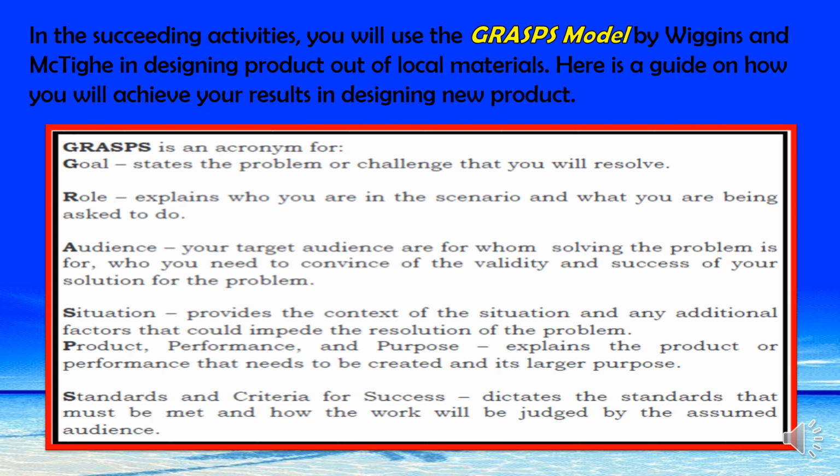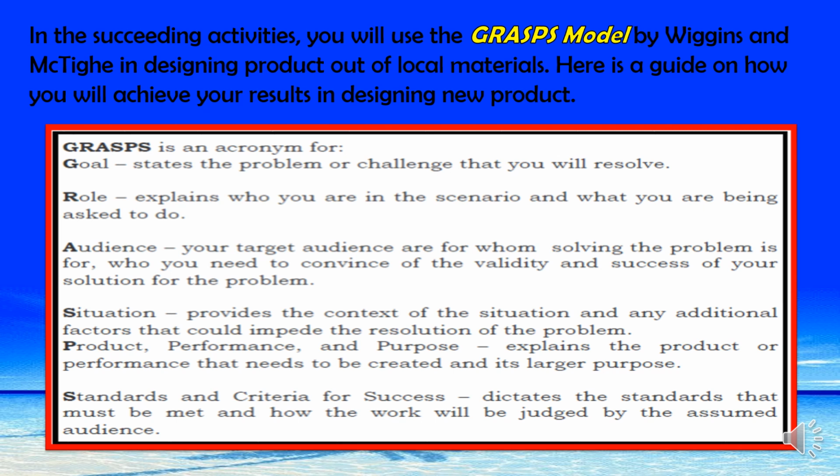R for role, which explains who you are in this scenario and what you are being asked to do. And A for audience, your target audience, for whom solving the problem is for, and who you need to convince of the validity and success of your solution for the problem.